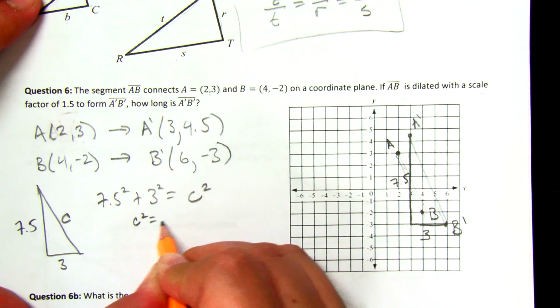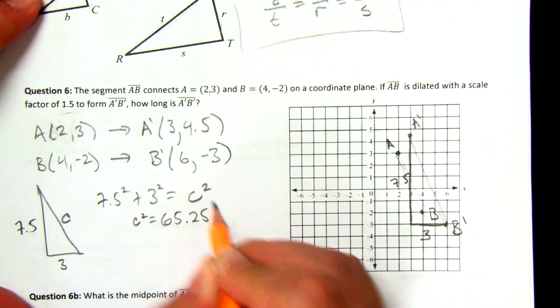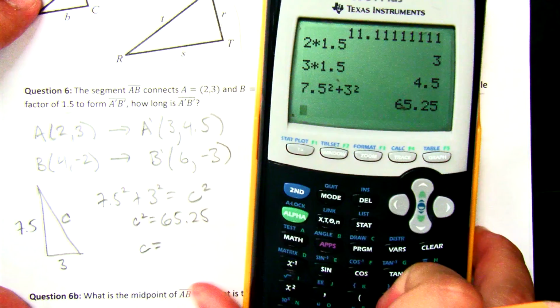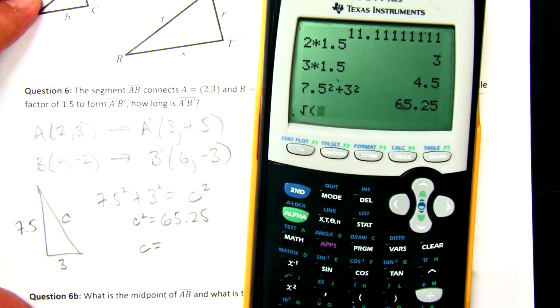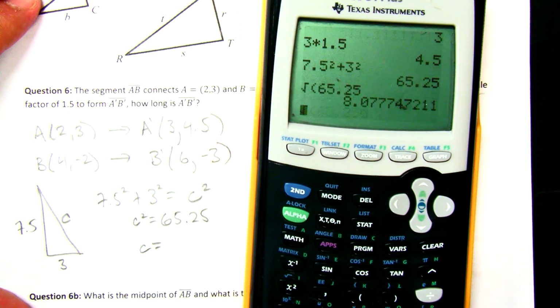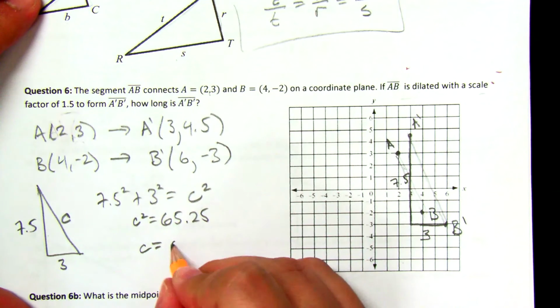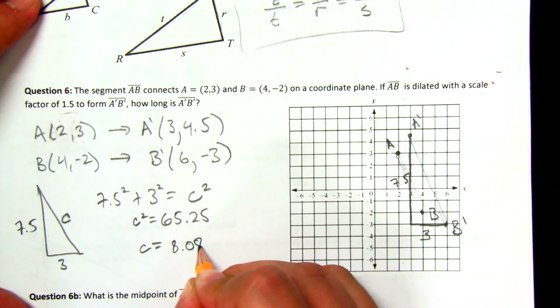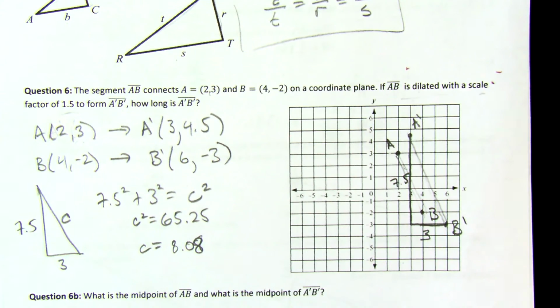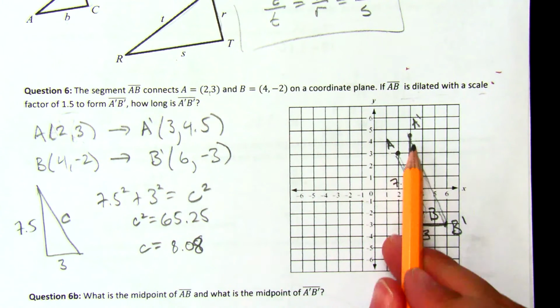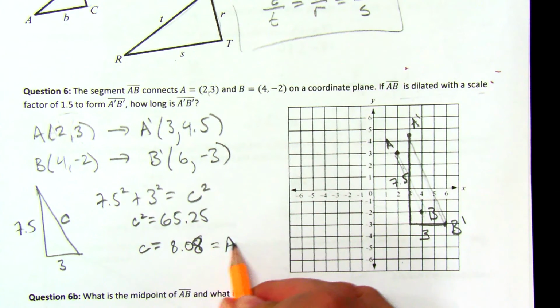So c squared equals 65.25. To find c, I just take the square root of 65.25, and it's 8.08. And I'm done. That's the length of A prime, B prime.